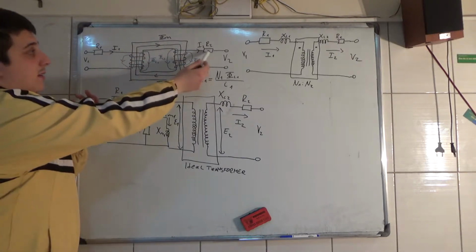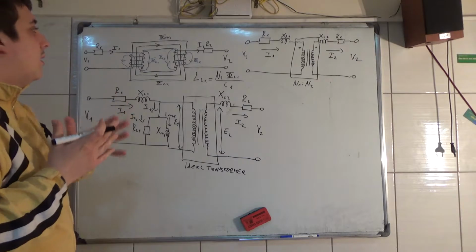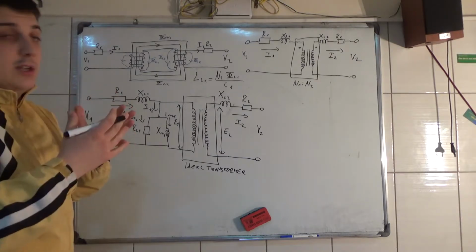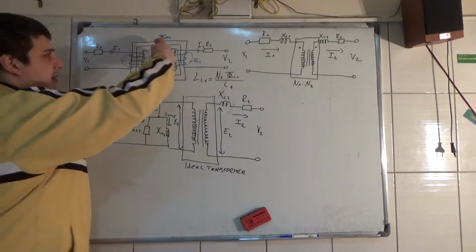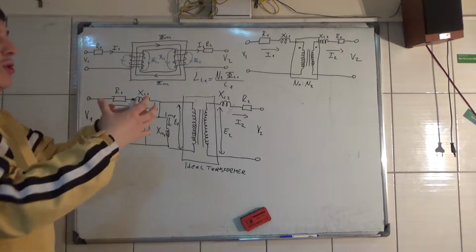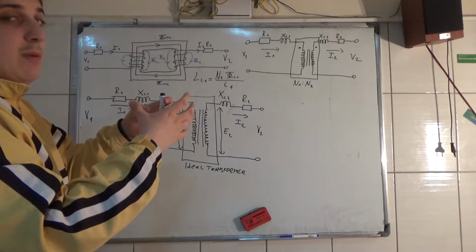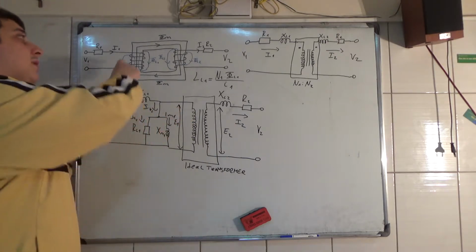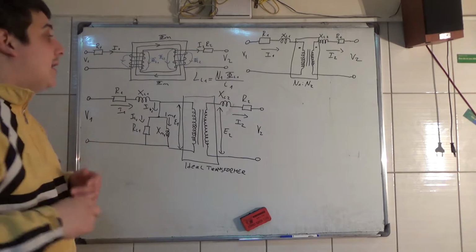Current I1 and current I2 in both windings produce some flux linkages. That's why we rarely use this core type, and we always wind the windings one on top of another, so that the magnetic flux leakage is minimized.